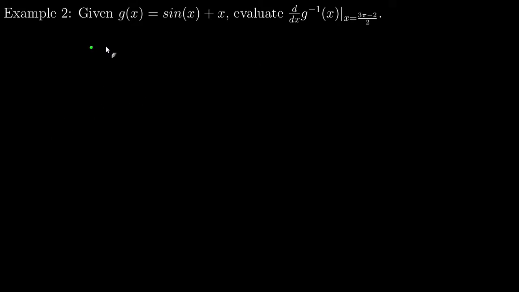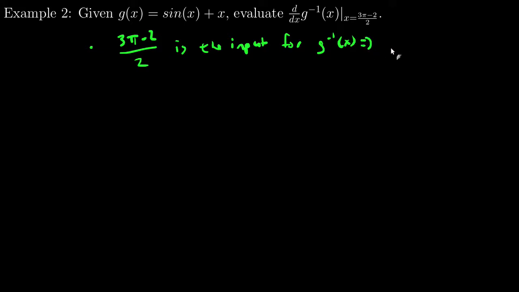And so I'll start in the same process. So first I need to find the input. So if (3 pi minus 2) over 2 is the input for g inverse, then that means it is the output for g.